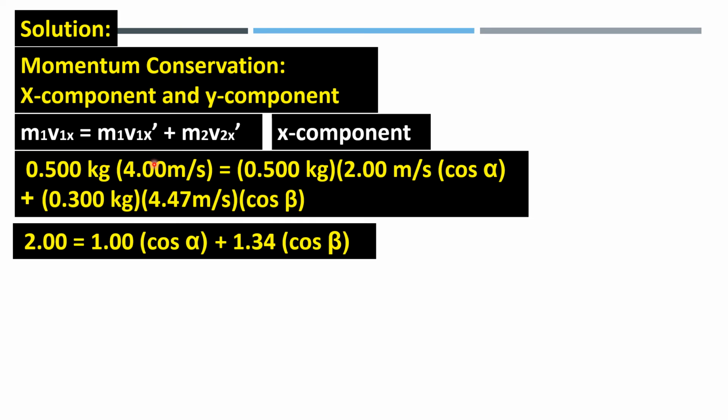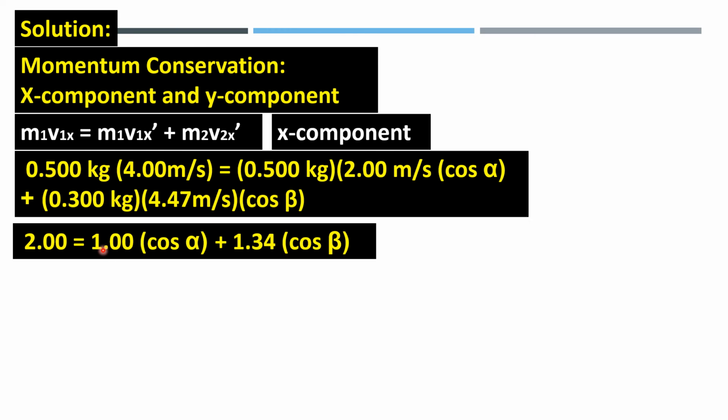If you do that and start multiplying, for example, 0.5 kilogram multiplied by 4 meters per second, discarding the unit first, we will just get 2 as the product of 0.5 and 4. And then equals, again, the product of 0.5 and 2, which is 1, discarding the unit first, and then we have there the cosine alpha.